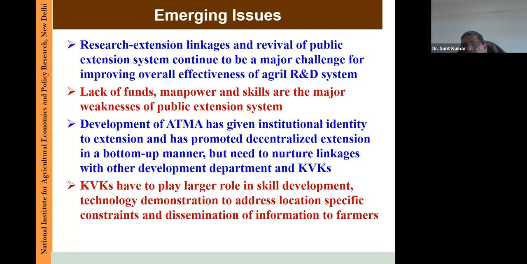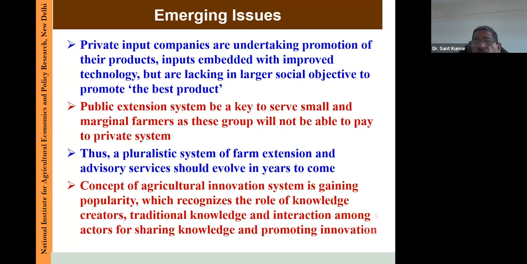Development of ATMA has given the institutional identity to the extension and has promoted decentralized extension in a bottom-up manner, but there is a need to nurture the linkage with the State Departments and the KVKs. KVKs have to play a larger role in skill development, technology demonstration to address location-specific problems, and dissemination of information to the farmers.